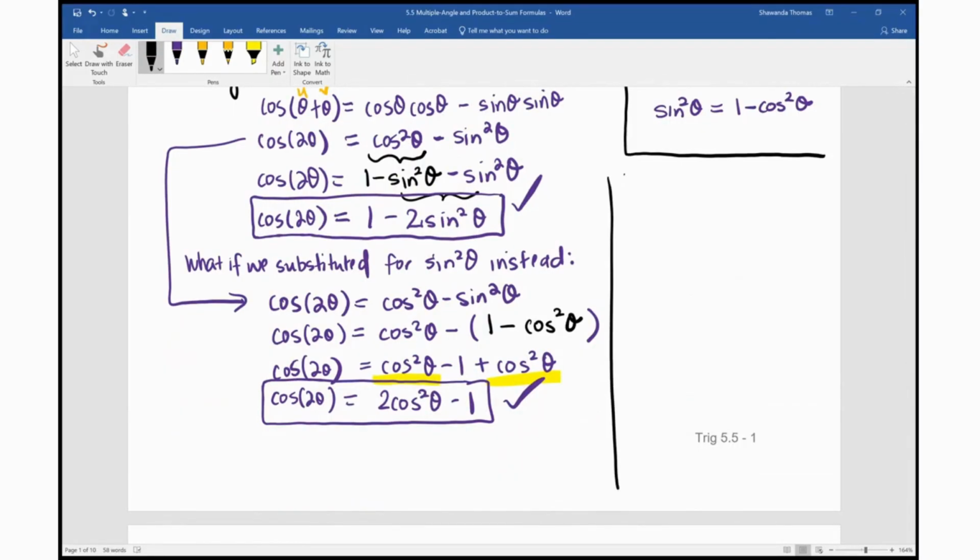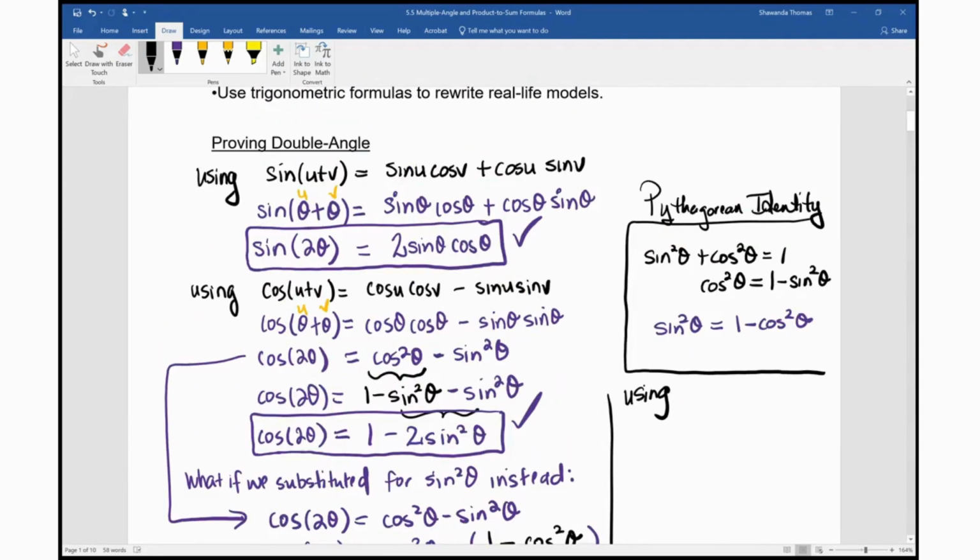All right, using one of our sum and difference formulas, remember the tan of u plus v, which is tan of u plus tan of v over 1 minus tan u tan v.